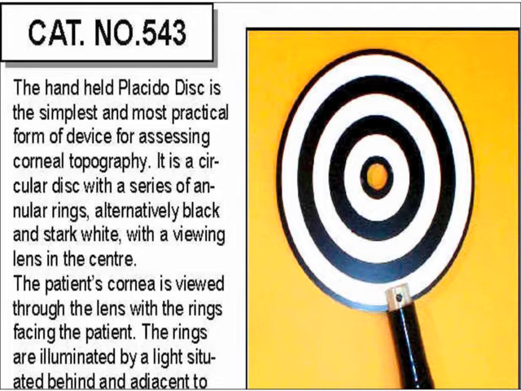And the Placido disc has a hole in the middle through which the ophthalmologist looks, and the ophthalmologist brings this dartboard-like target up to the patient's eye and looks at the patient's cornea through it and sees the reflections, or if we want to be fancy, the first Purkinje images on the cornea of these rings, and by looking at the cornea, we can get a gestalt of the curvature in different parts of the cornea.